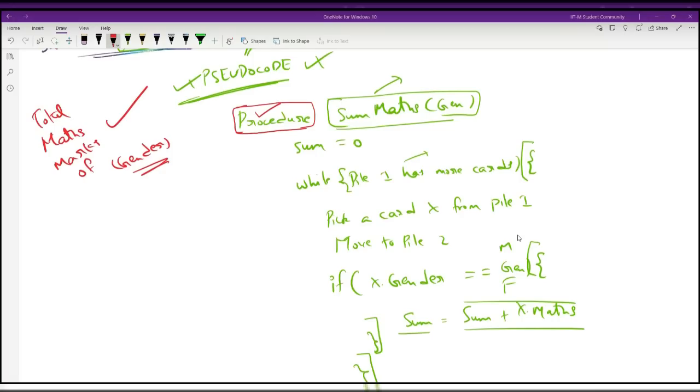See here, whenever we are initiating a procedure, we need to mention it beside the name of the procedure. Since this is a procedure to find out the maths marks of a particular gender, we are writing procedure beside the name.